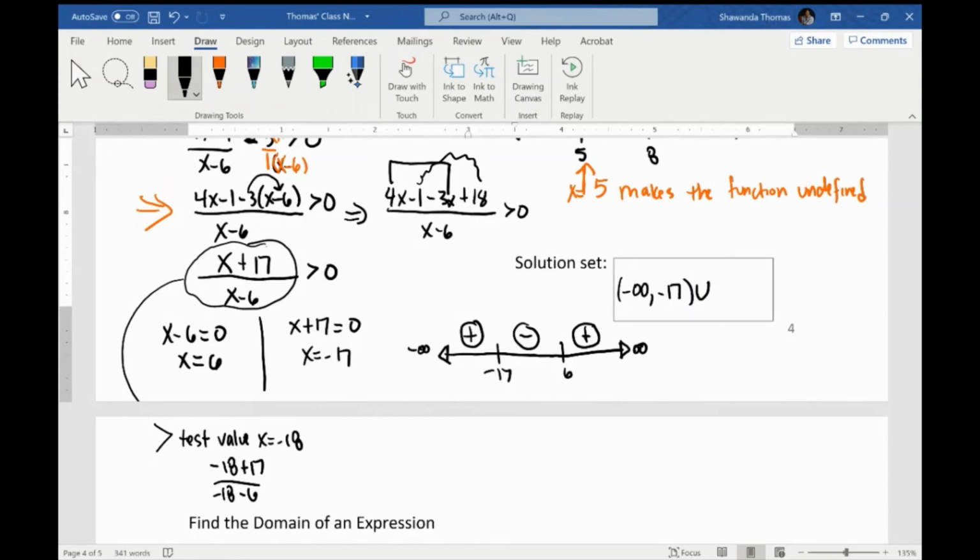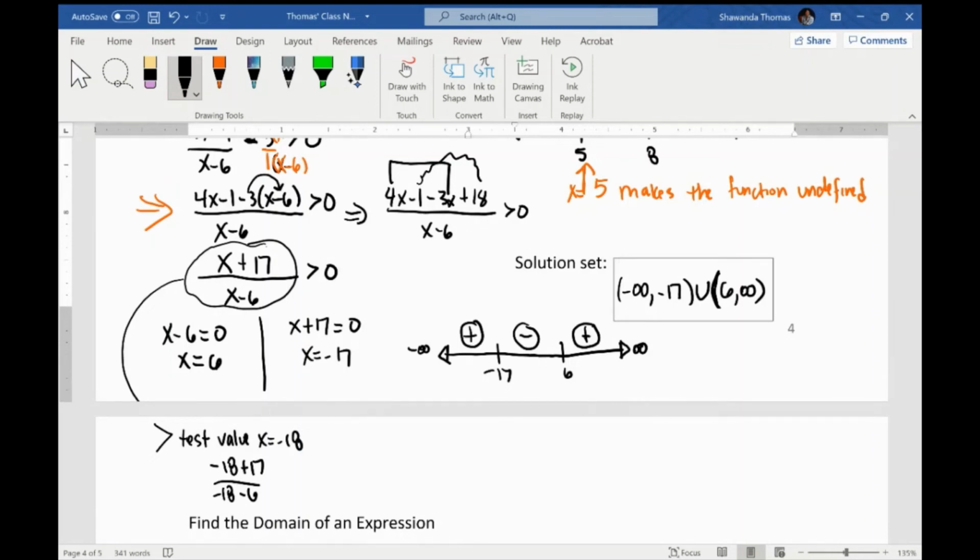You can use 6, but it's going to be parentheses. We put parentheses to say 6 is not included, but 6.1 is. 6.01 is, but not 6 itself. So that's why you put a parenthesis to say this particular number you can't plug in. We don't want that included, but 6 point whatever else is okay.